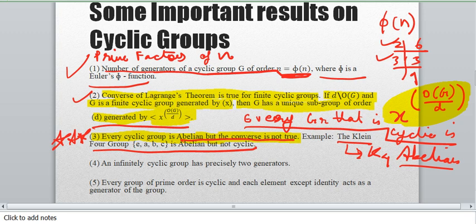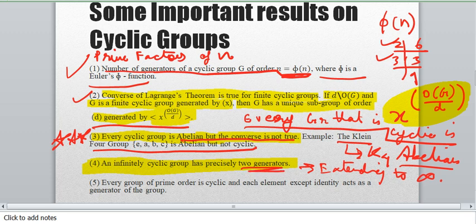Let's move on to our fourth one with the highlighter again. An infinite cyclic group has precisely two generators. An infinite cyclic group means a cyclic group that is extending to infinity. How many generators does it have?